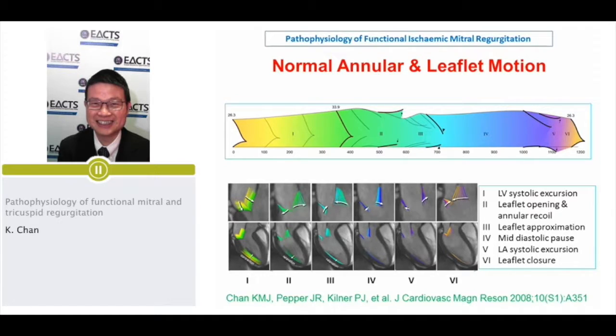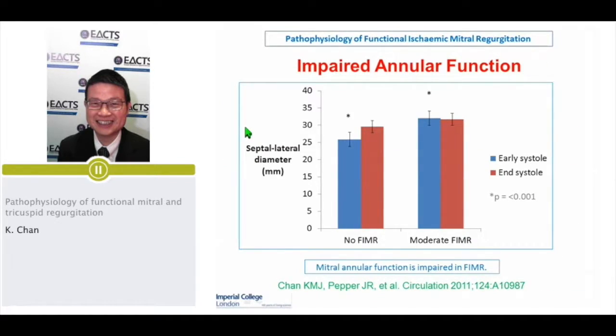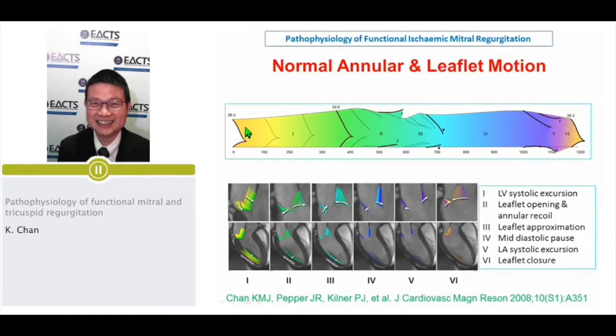This is a study on the normal motion of the mitral annulus and leaflets using cardiac magnetic resonance. Here on the horizontal axis is the timeline, and on the vertical is the septal-lateral diameter of the mitral annulus, or the anterior-posterior diameter. We can see that there are 6 distinct phases of the cardiac cycle which can be identified in relation to annular motion and leaflet motion.